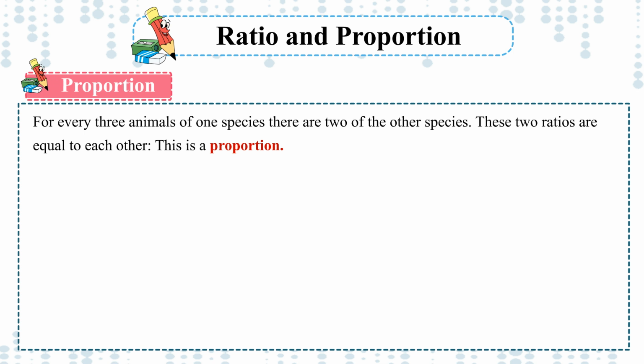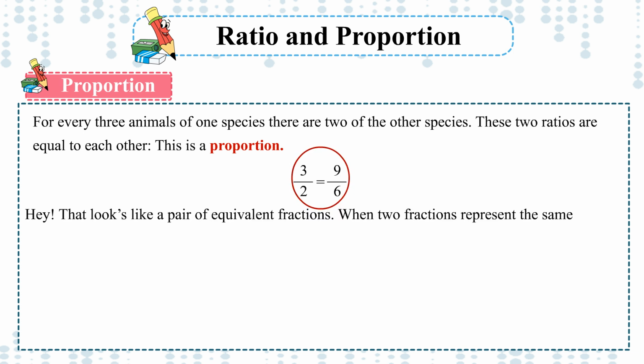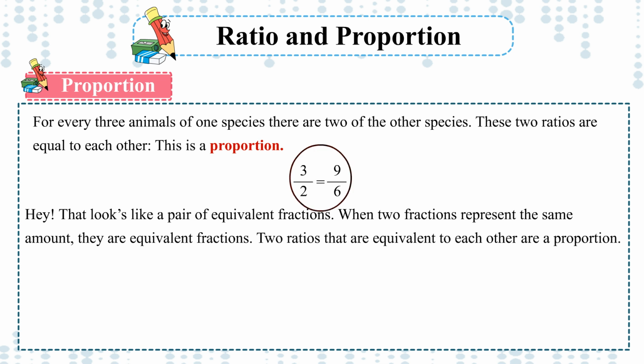This is a proportion. 3 upon 2 is equal to 9 upon 6. Hey, that looks like a pair of equivalent fractions. When two fractions represent the same amount, they are equivalent fractions. Two ratios that are equivalent to each other are a proportion.